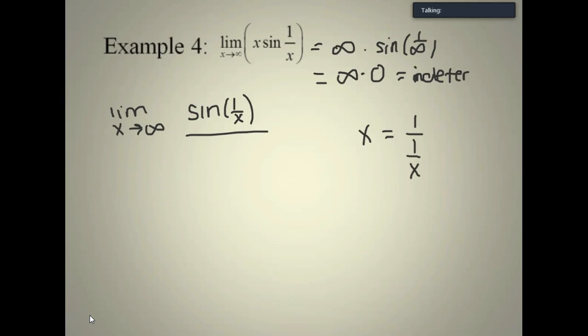And that's still equivalent because if you multiply by the reciprocal of that to get your common denominator, you end up with x. So we're going to keep it easy and rewrite x as 1 over 1 over x. So the 1 is part of that sine of 1 over x part here. And then the 1 over x is going to go down there. So there's my 1 over x.